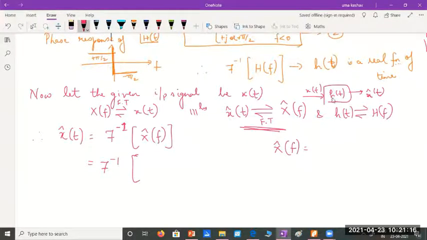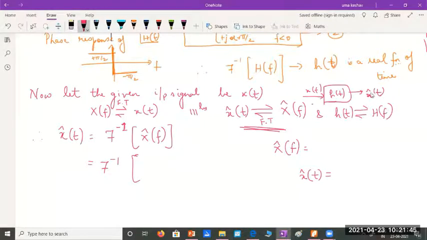From this, what would x cap of t be from this system? Please answer. Only then I'll know whether you're following or not. You are given a system whose input is x of t, its impulse response is h of t, and the output is x cap of t.